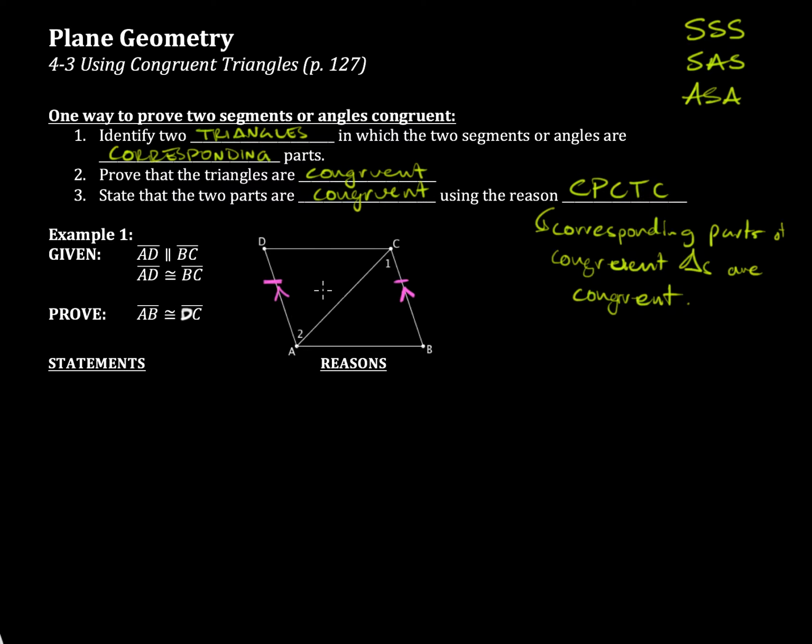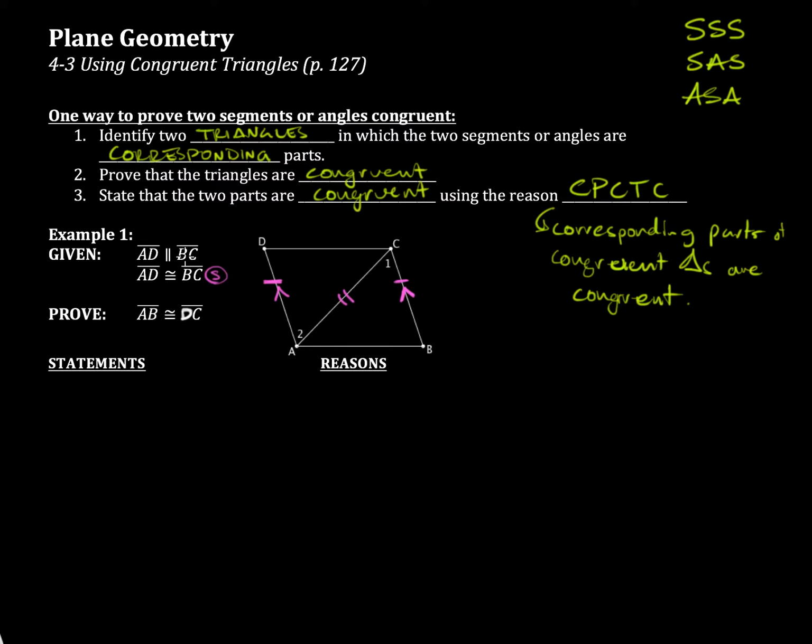So let's look. Why would they be telling us that these lines are parallel? It's obviously important that these are congruent because that's a pair of sides between these two. And we might also notice that I have segment AC here that's a segment used in both triangles, so it would be congruent to itself by the reflexive property.